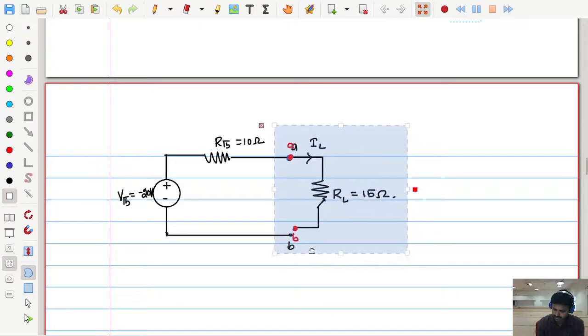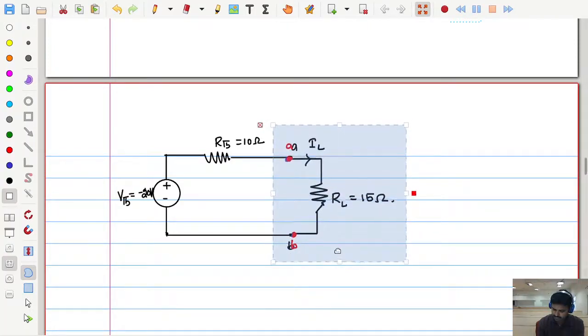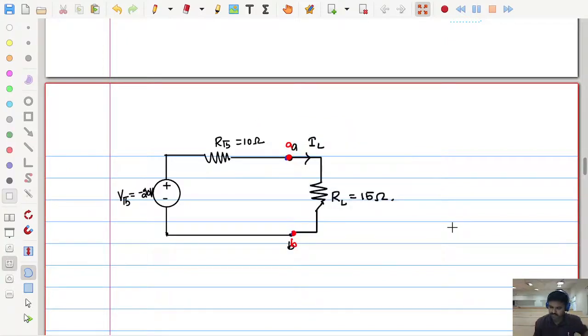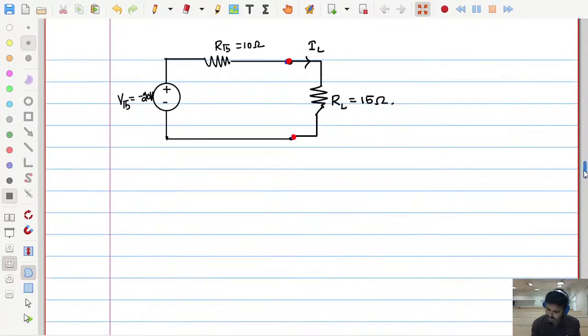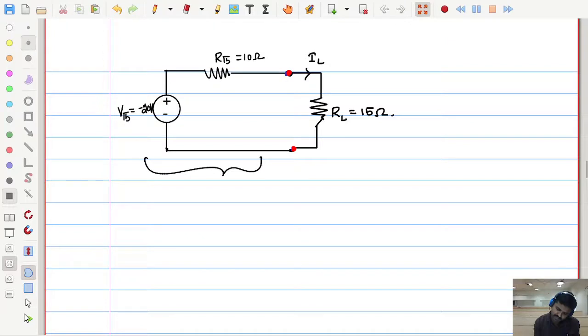Once the load is connected, think of how much the current through it is. Tell me how much is the current. Now it is easy, right? In comparison to the previous circuit, this has become a simple circuit. How much is the load current now? This portion we call the Thevenin's equivalent circuit.